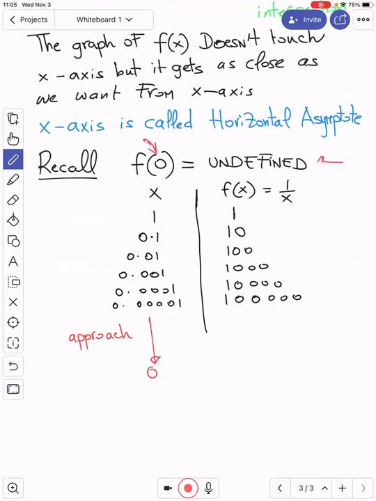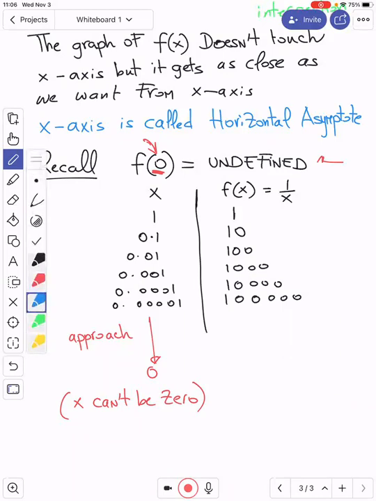Very important remark: x cannot be 0, because 0 is not in the domain. You can approach 0, but you cannot be equal to 0. Now, the values of the function f get very, very large, so they approach infinity.